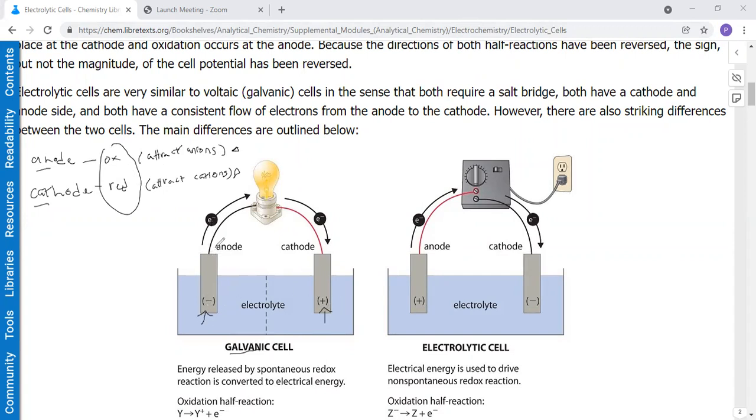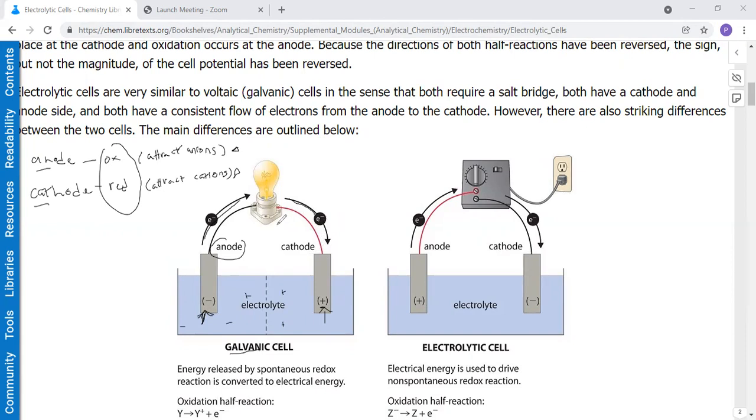Because if electrons are moving from the anode to the cathode this way, following this arrow, that means every time an electron is lost at the anode, there's room now for negative anions, which are in the water, to go towards this pole. And the same thing here. As electrons are gained at the cathode, that means the positive floating ions in the water will go here to balance out the negative charge gain.